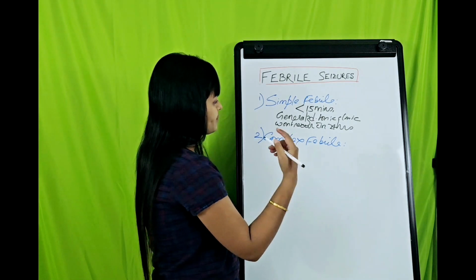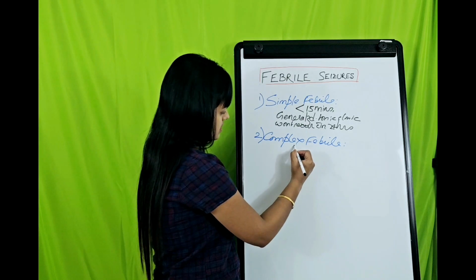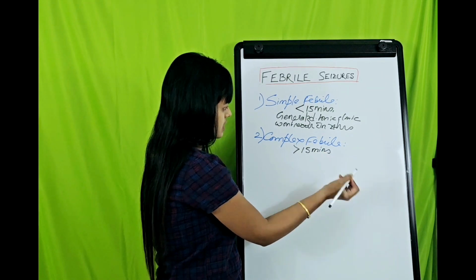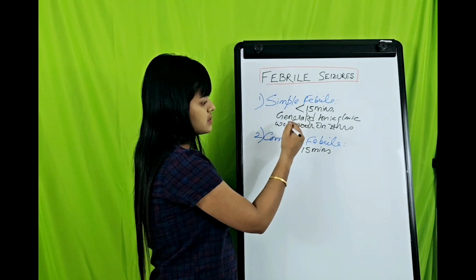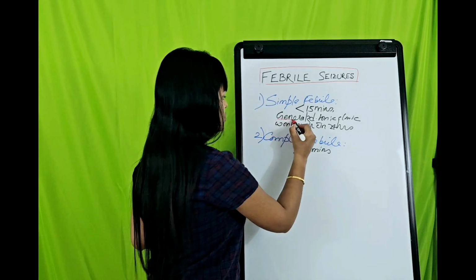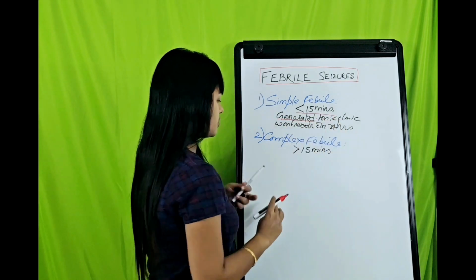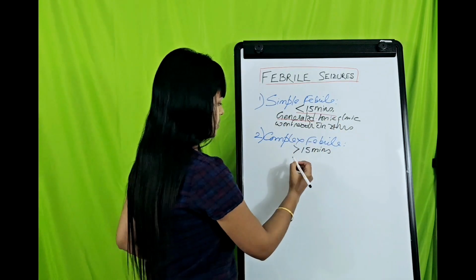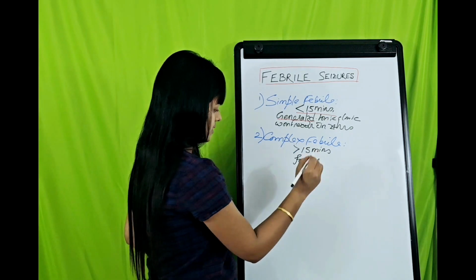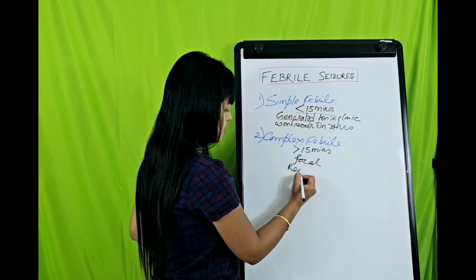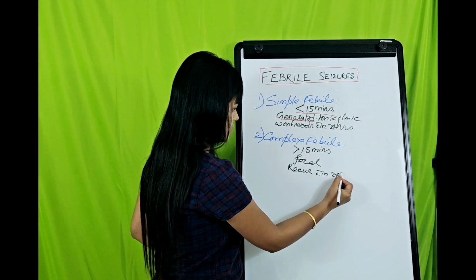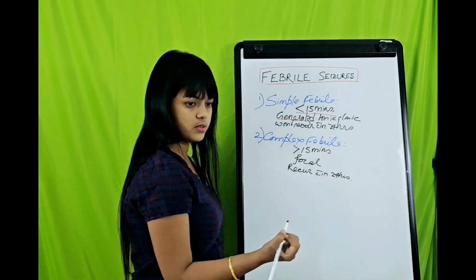So see students, again very easy. The episode will be more than 15 minutes, okay. So here it will be, of course, focal, and it is going to recur within 24 hours.